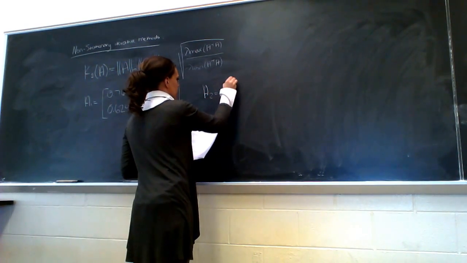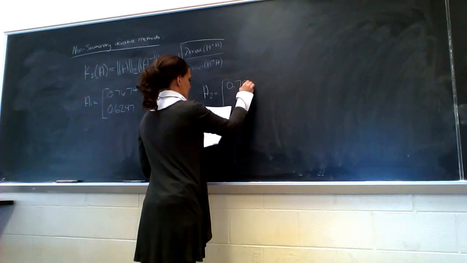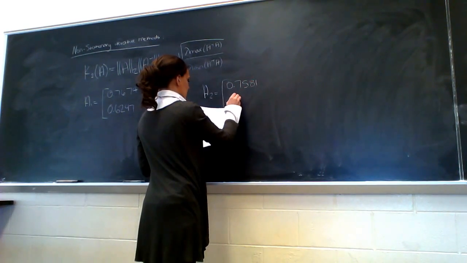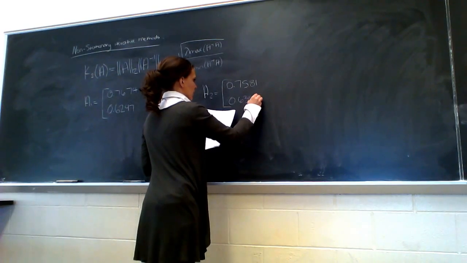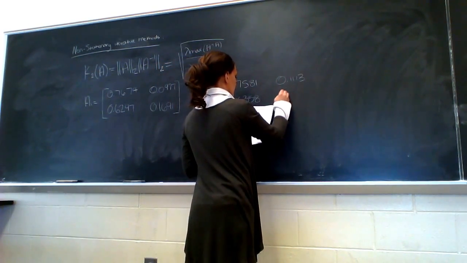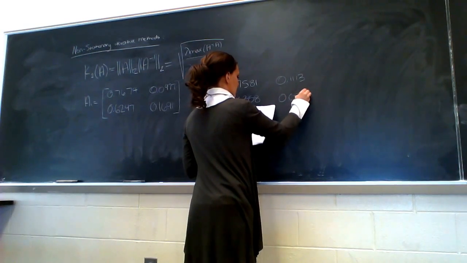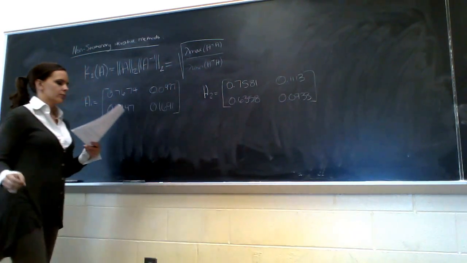And then our second matrix, A2, 0.7581, 0.6358, 0.1113, and 0.0933. So these are our 2 matrices.